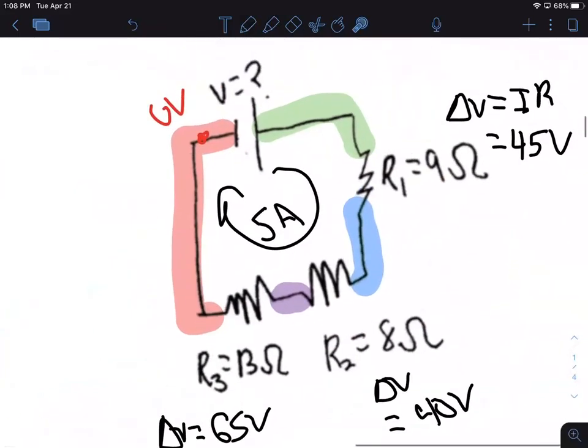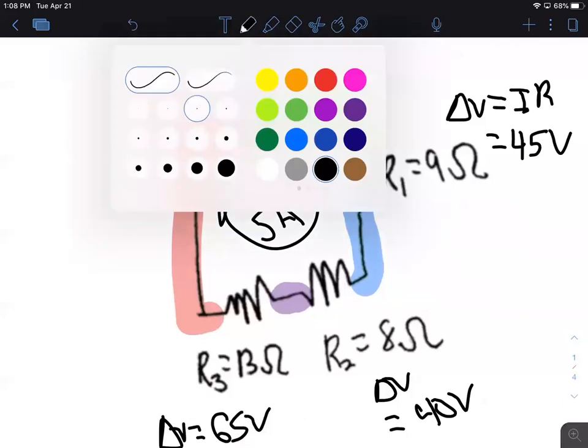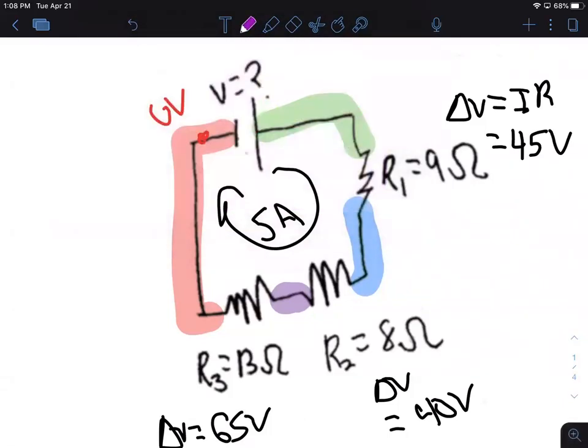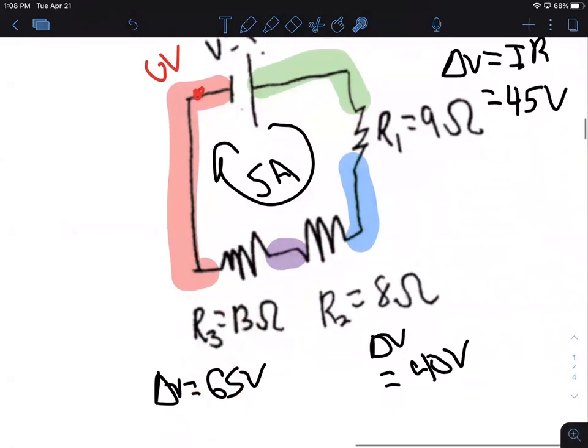Might as well look at what our different voltages are. I'm going to go backwards here. I don't know what the battery is doing, I can't really figure this out, but I can say this is 0. And this changed it by 65, so my purple area has to be 65 volts.